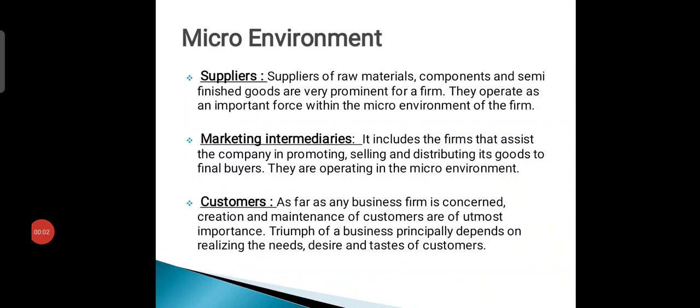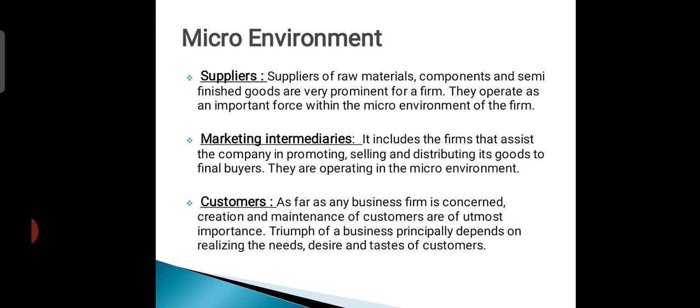Okay, next one is marketing intermediaries. Marketing intermediaries are the firms which act as intermediary between the company and the consumers, connecting the link between the company and the final consumers.